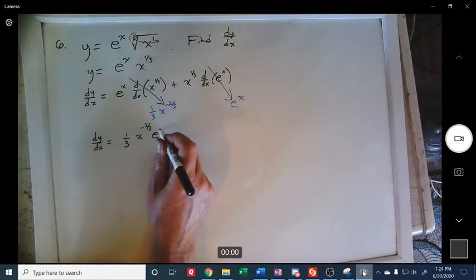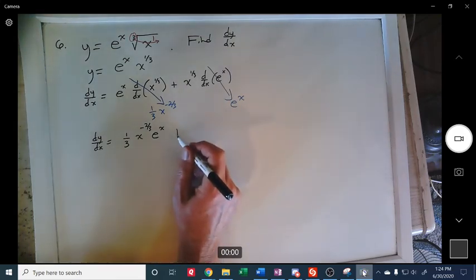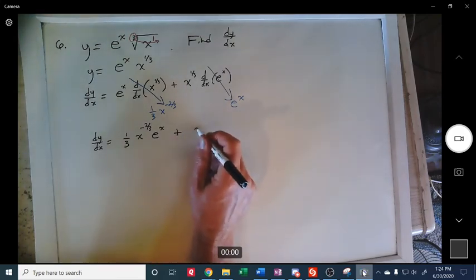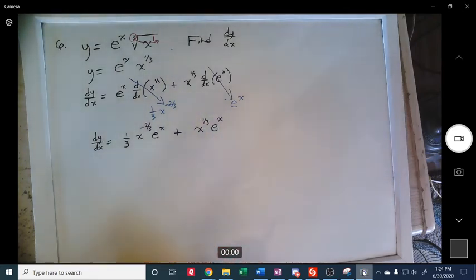And then the most complicated in the back, which is exponential, plus e to the x. Okay, that would be my answer. Any questions?